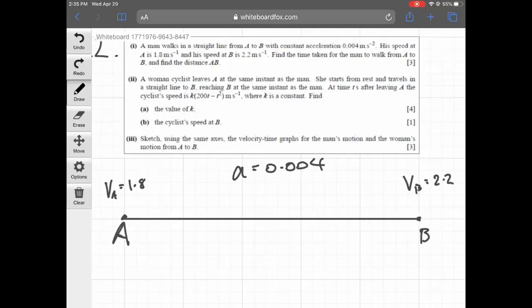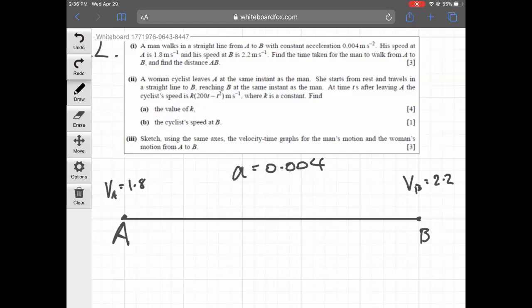Okay, so it's really important to draw a diagram, even for a situation like this where you think it's simple, it doesn't give you any diagram in the question, draw one. So he starts with that speed, he finishes with that speed, that's his acceleration, and it's constant. So that's quite nice. It's not changing, it doesn't depend on time.